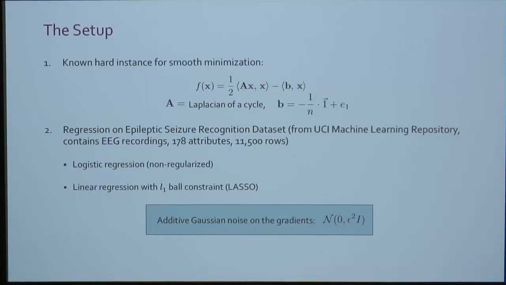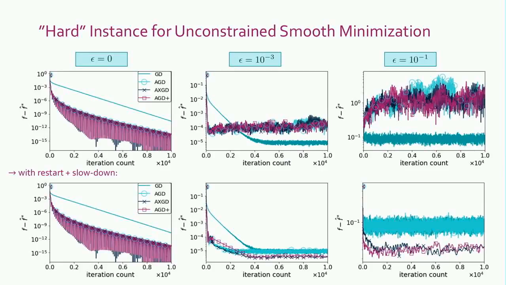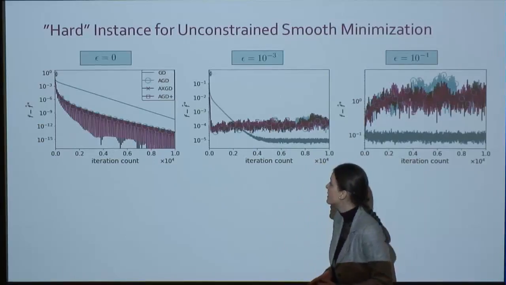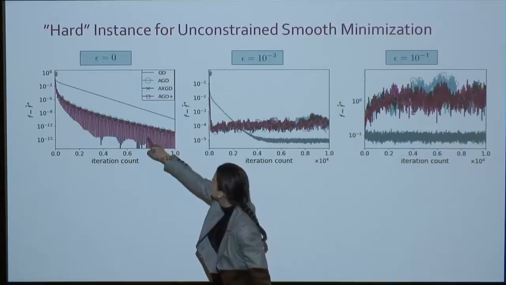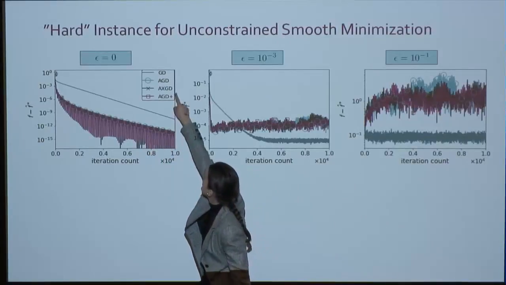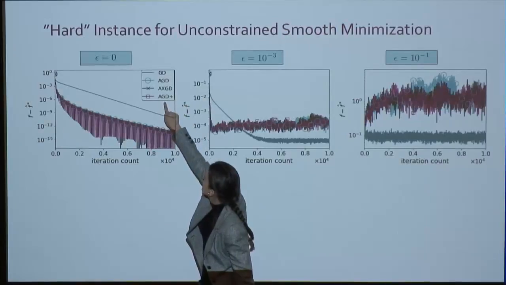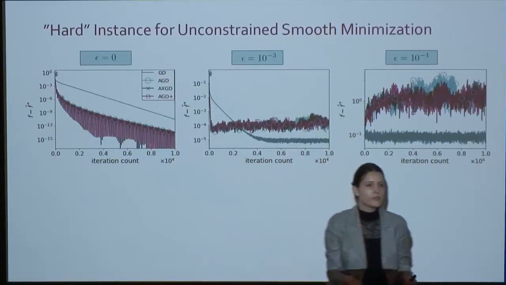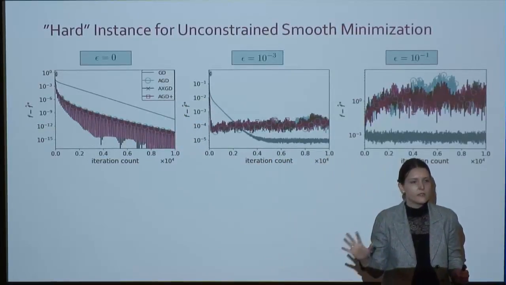Yeah, good, thanks. Okay. On a hard instance, this is no noise at all. I'm also plotting gradient descent, which is a slower algorithm, just for comparison. Nesterov's is the blue one with circles, and of the two algorithms I have shown you, the first one is the navy one. The second one is the pink one, the one that has lower iteration complexity, lower oracle complexity.